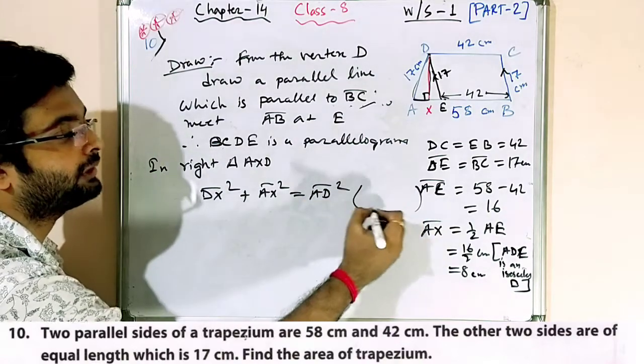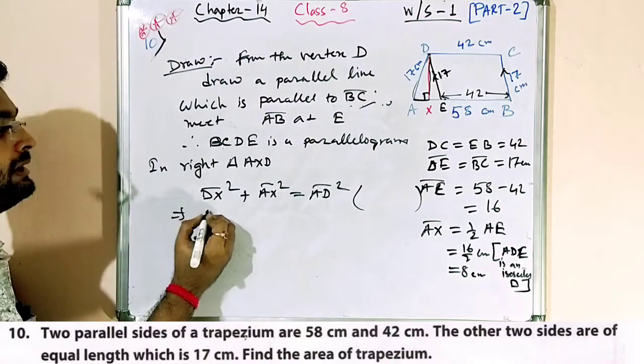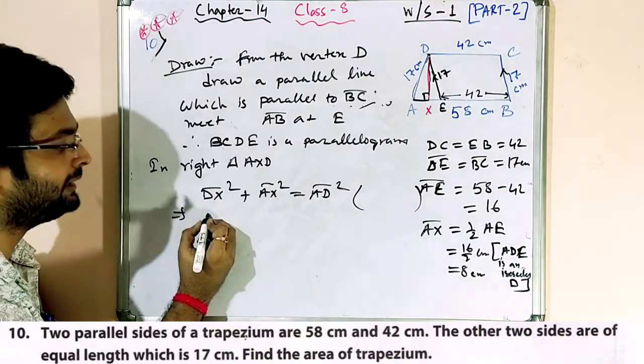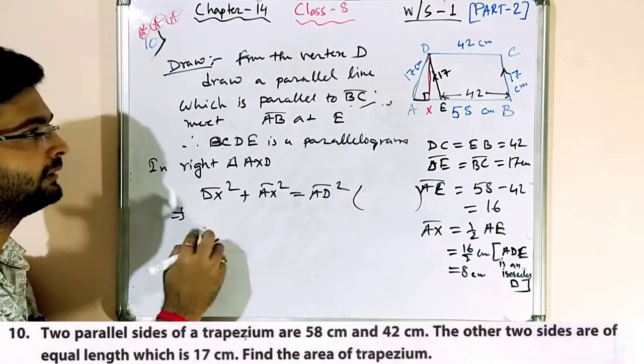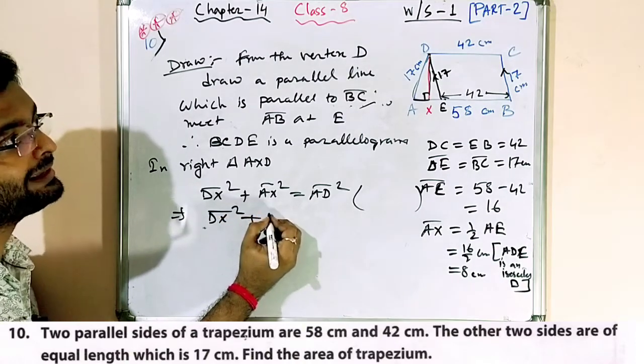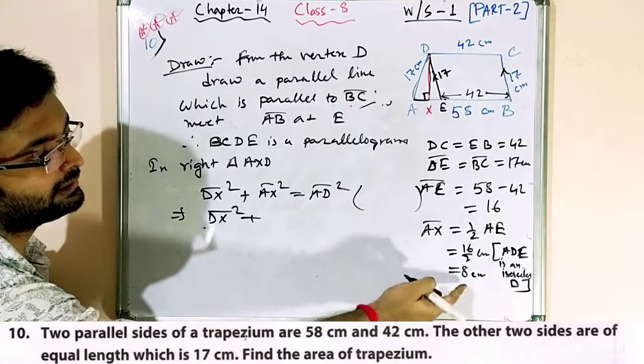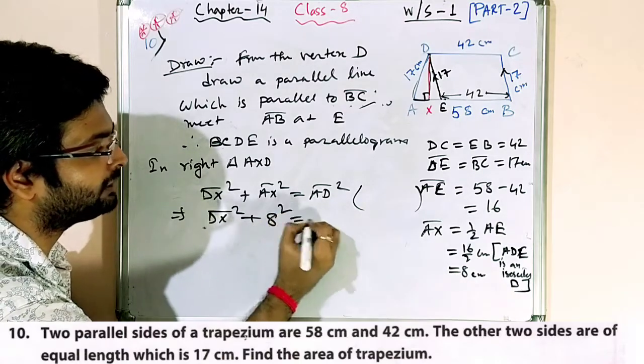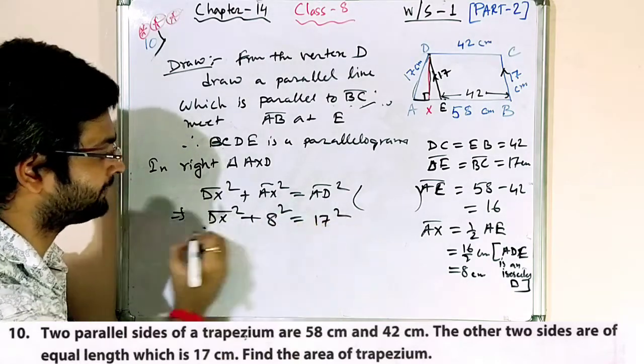Using Pythagoras theorem, you can write it over there. Please write it down. Now DX I have to find. AX equals 8, so 8 square, and AD is 17 square.